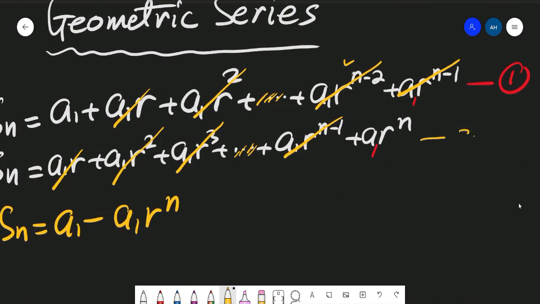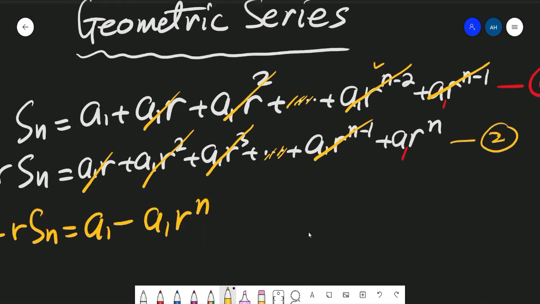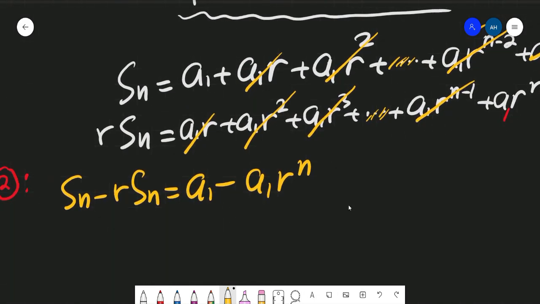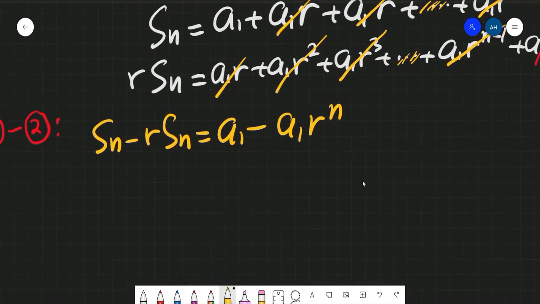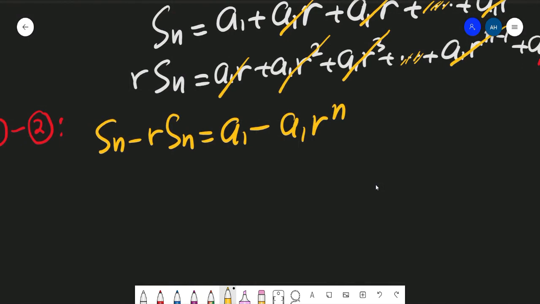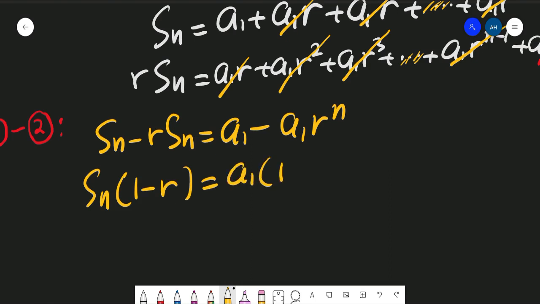So on the right we have a1 minus a1 r to the power n. Now, as we did before, we can factorize Sn on the left hand side and have 1 minus r, equal to a1 times 1 minus r to the power n on the right.